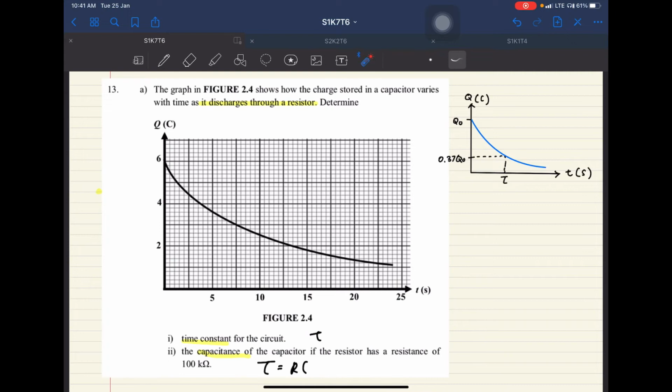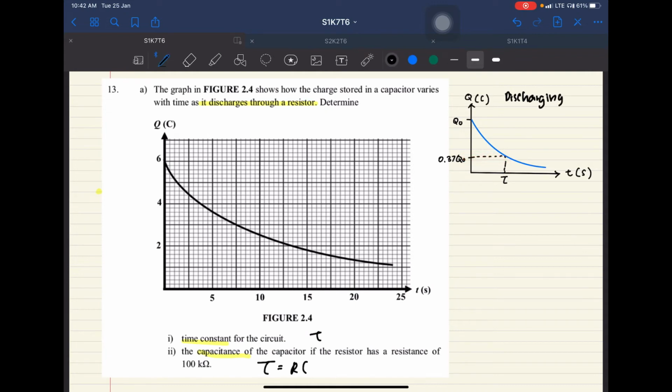Referring to this diagram, which I just copied from a previous lesson, this one is the discharging graph for Q against t. You can find the time constant when the charge is at 0.37 of Q0.